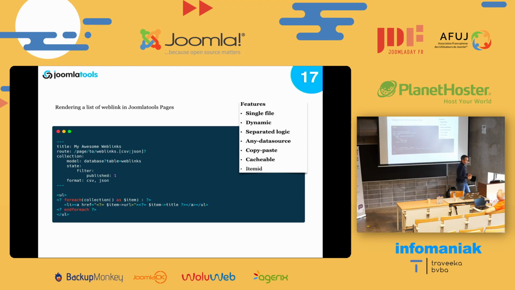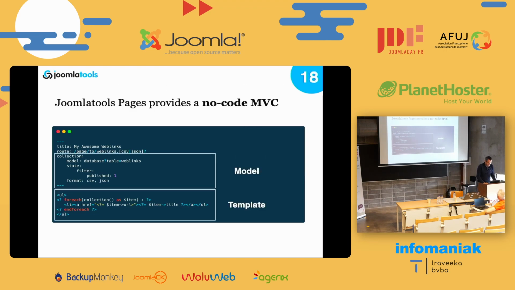When I fire off a request, I'll show it in a bit because I can show it on the Joomlatools side. When you fire off a request to Pages, the first thing that Pages will do is, depending on your cache settings, if the thing is in cache and it's a normal GET request, it will be returned from the cache, unless the cache is no longer valid.